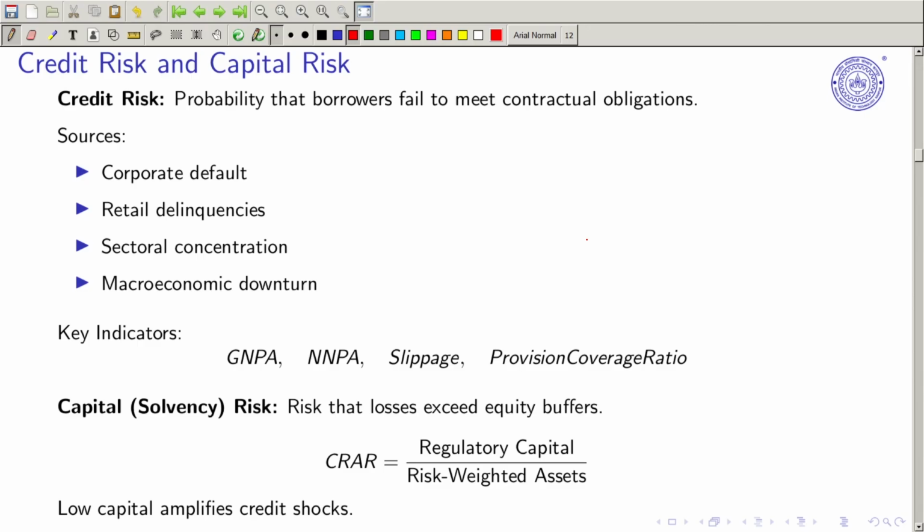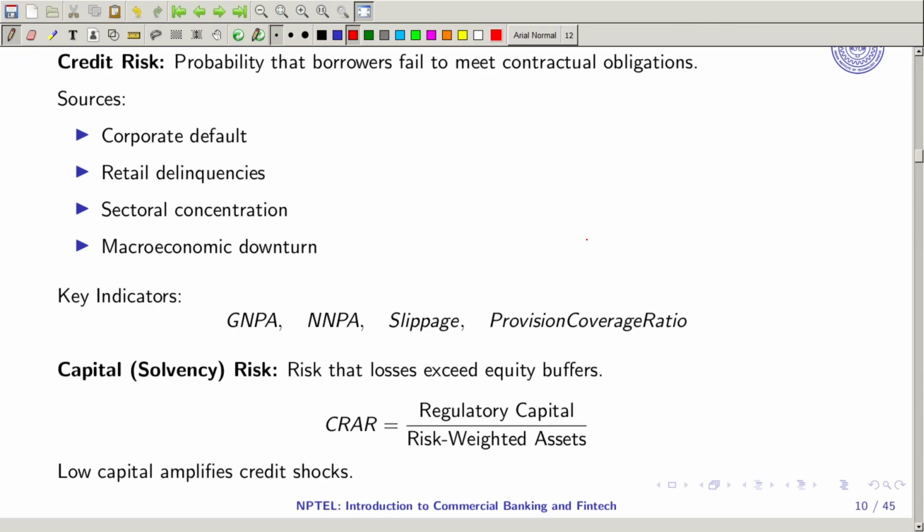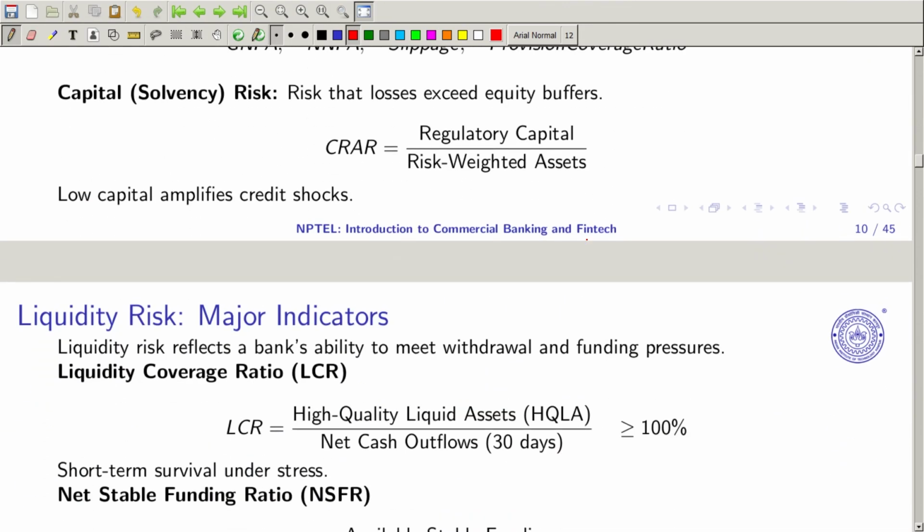Then macroeconomic downturn, which is related to systematic risk: GDP, inflation and other indicators are all linked. And finally, we get into the capital adequacy ratio, which is regulatory capital upon risk weighted assets, and what it implies we can get as we go for calculation later for Basel 1, Basel 2.